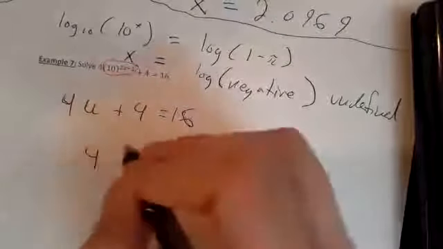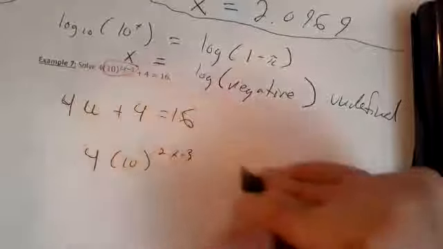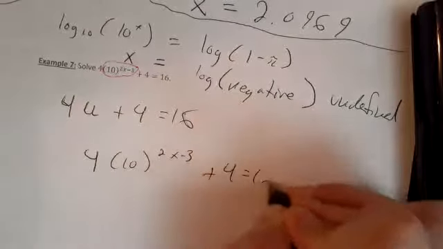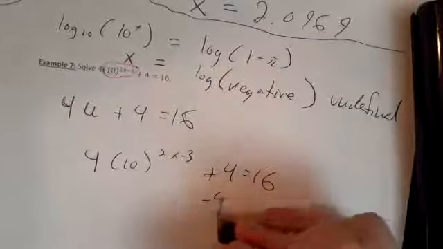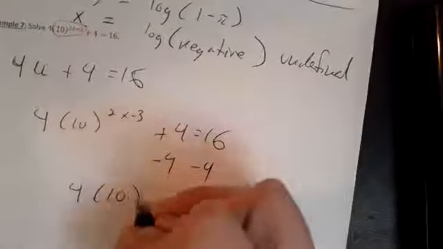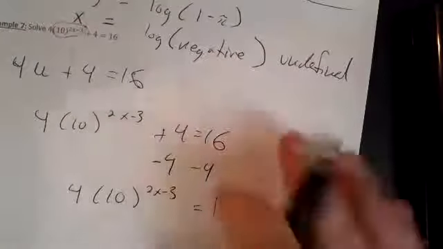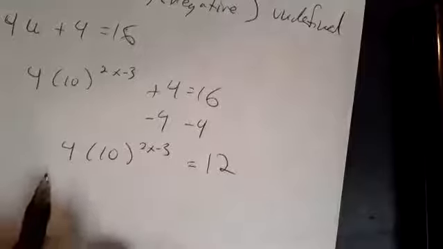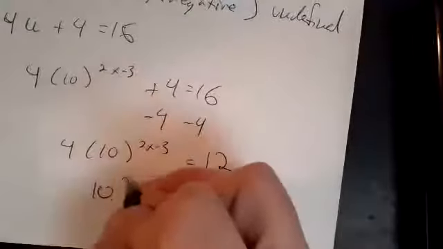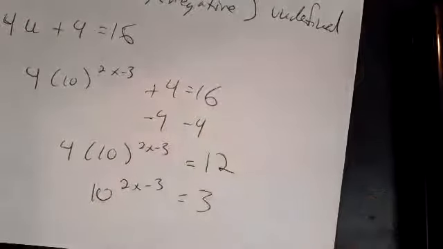Let me jump back into this. If you want to use a different variable, you can, but I'm just going to continue with this. So I want to subtract 4, and then I want to divide by 4. Divided by 4, it's 3.